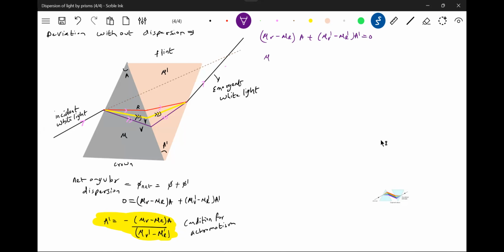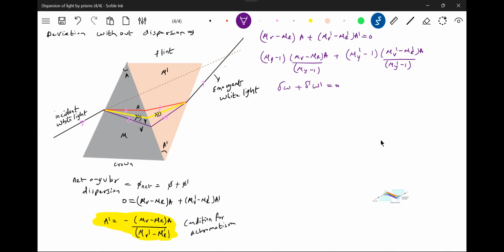Let me adjust mu y minus 1. mu I dash. So this mu I minus 1. This will be deviation for the omega delta dash omega dash.